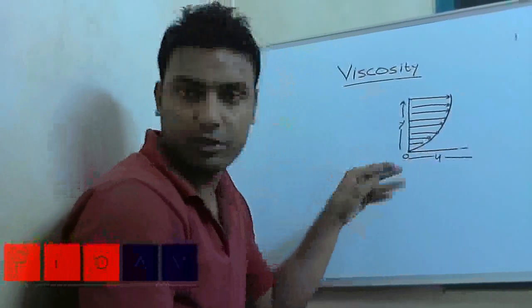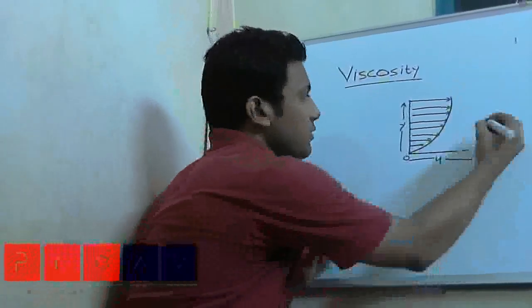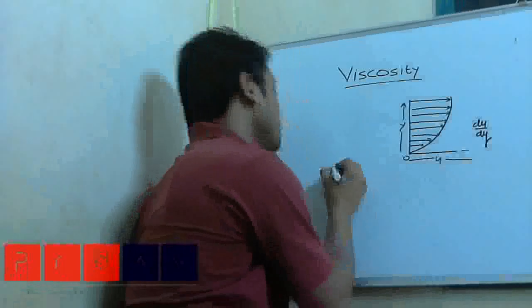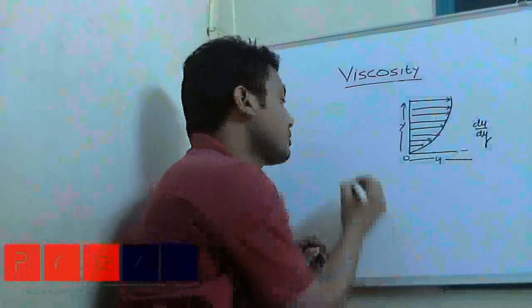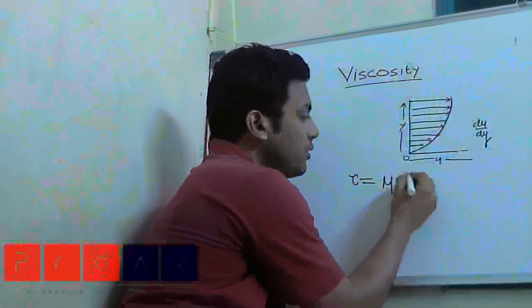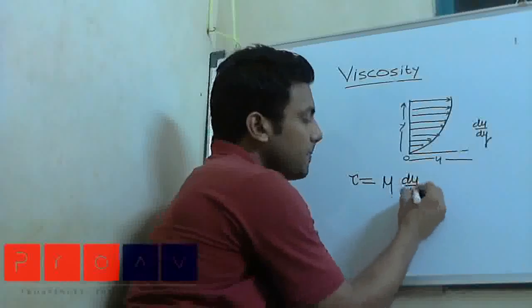That is our velocity profile, with some velocity gradient du by dy. So what is the shear force? Shear force is equal to mu du by dy.